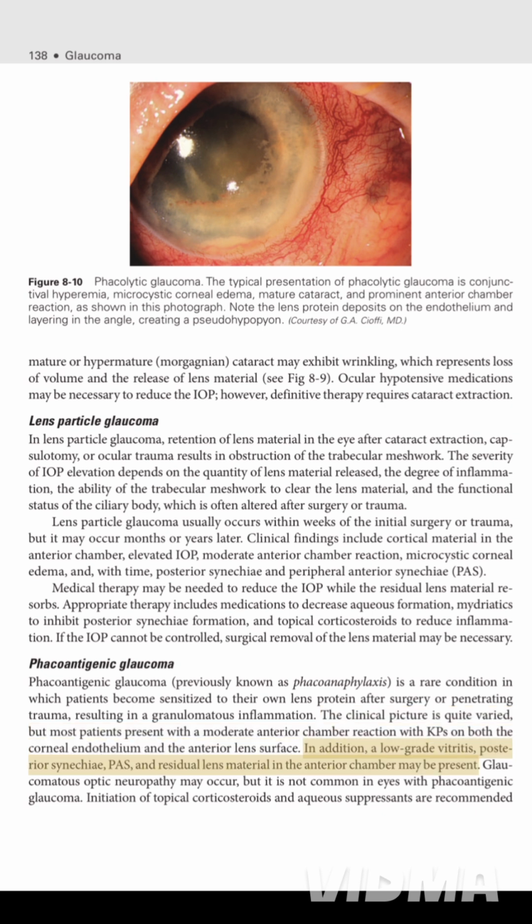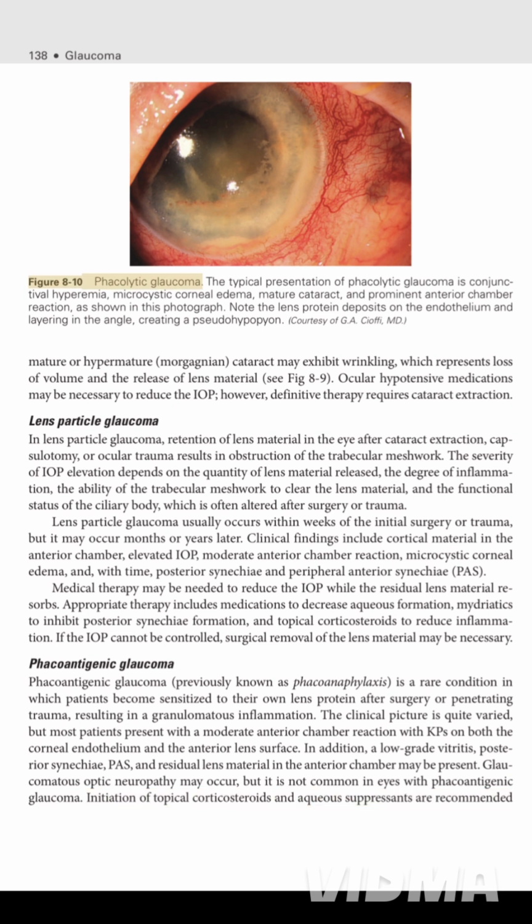In addition, a low-grade vitritis, posterior synechiae, PAS, and residual lens material in the anterior chamber may be present. Glaucomatous optic neuropathy may occur, but it is not common in eyes with phacoantigenic glaucoma. Initiation of topical corticosteroids and aqueous suppressants is recommended.